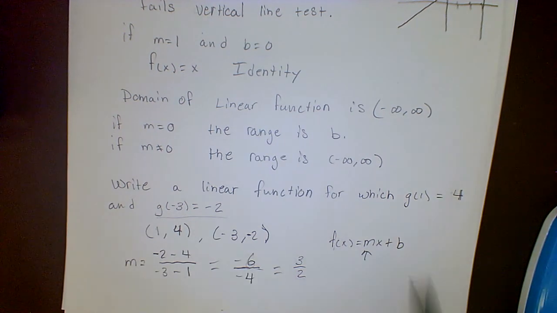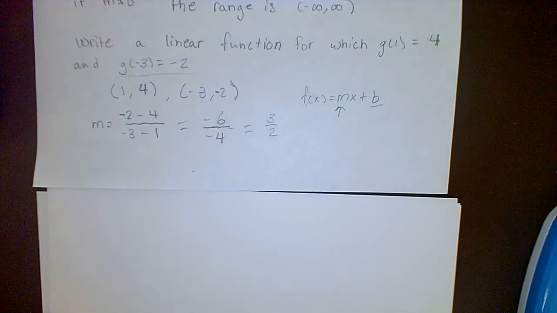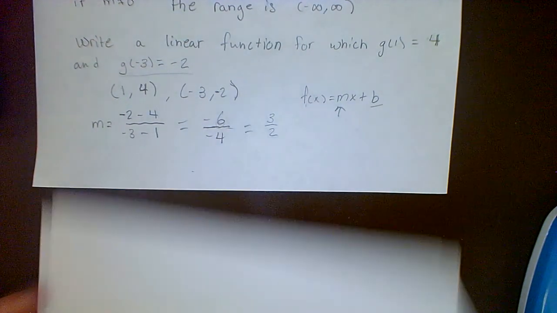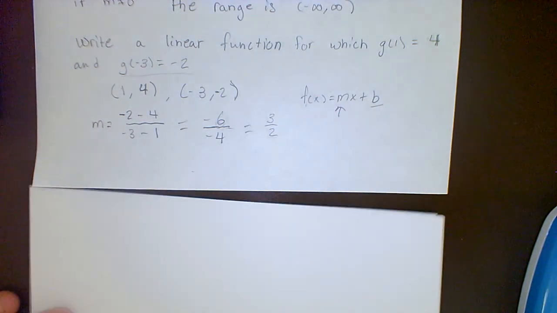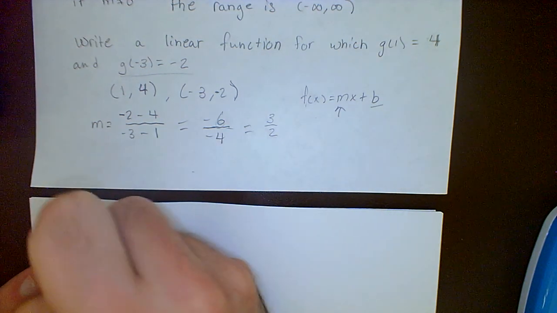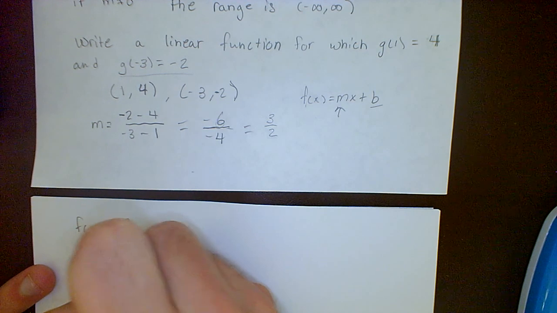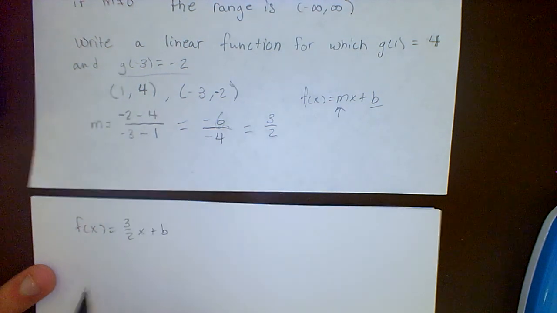So the only thing we need to do now is figure out what b is. So we're going to take our slope here, and we have f of x equals 3 halves x plus b.